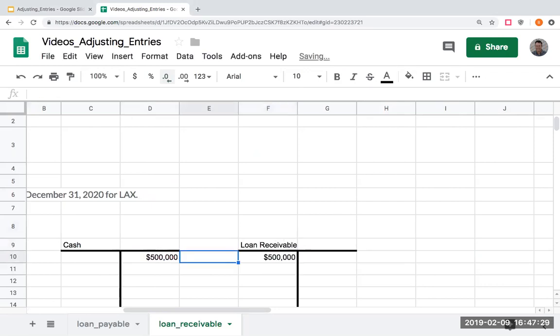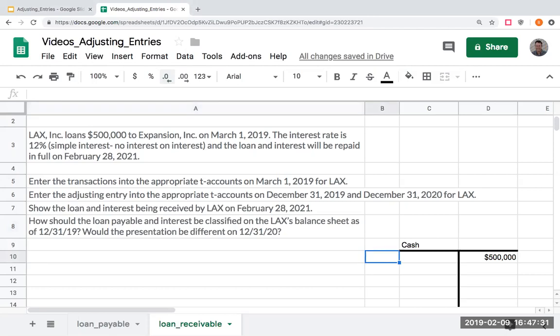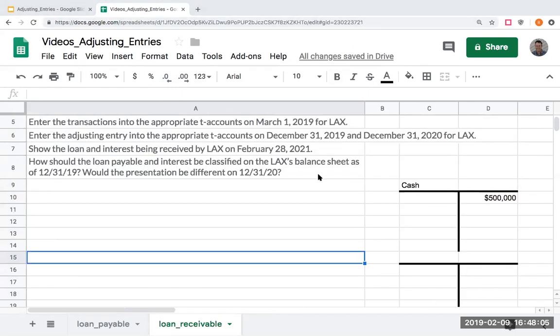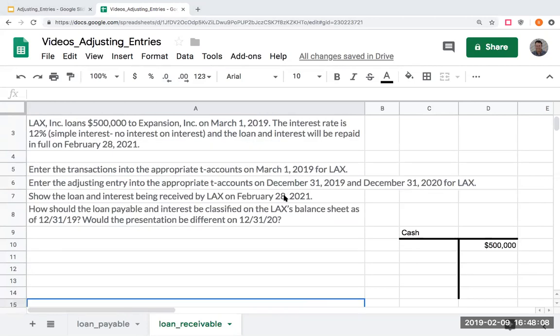This is a transaction that I'm making on 3/1/19. So I'm debiting loan receivable for $500,000, and then I'm crediting cash.